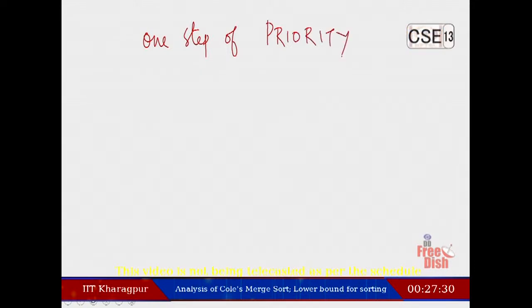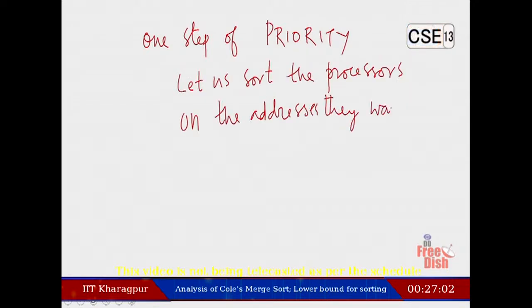In this one step, various processes want to write in various locations. So let us sort the processors on the addresses we want to write. Once we do this, all the processes that want to write in the same memory location will come together. For example, let us say a number of processes want to write in location 4.